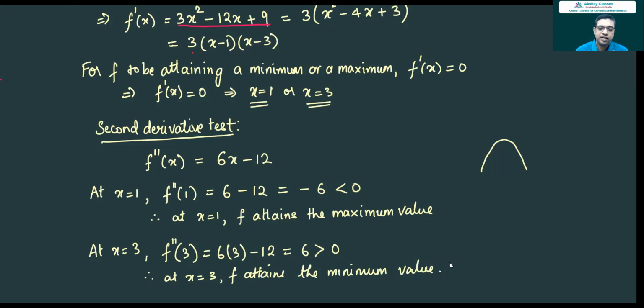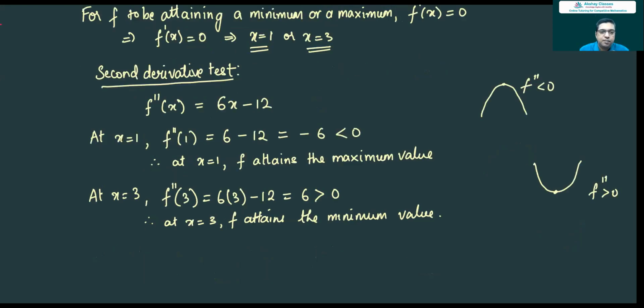So x equal to 1 is the point of maximum, and x equal to 3 is the point of minimum. Here the second derivative is negative, and at this point the second derivative is positive, because of the curvature.